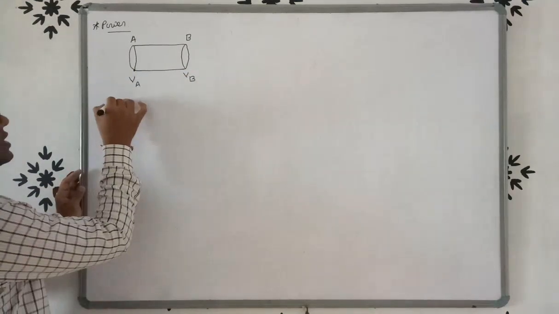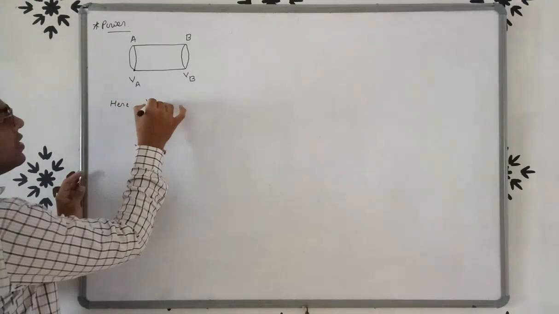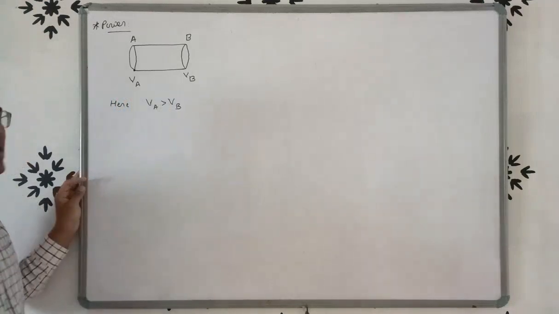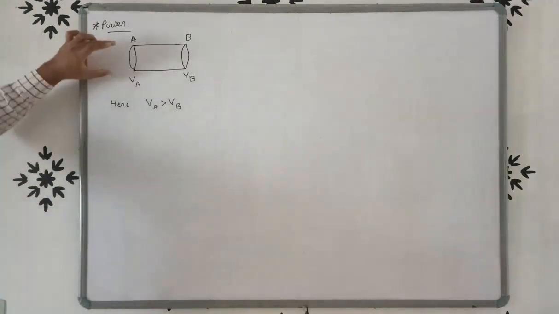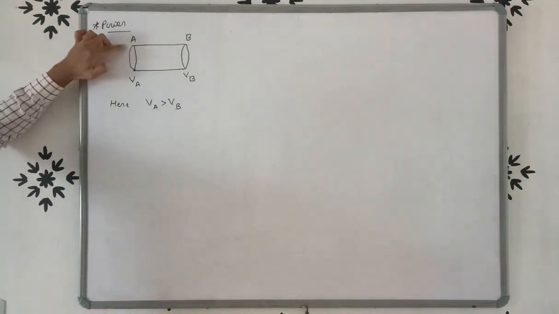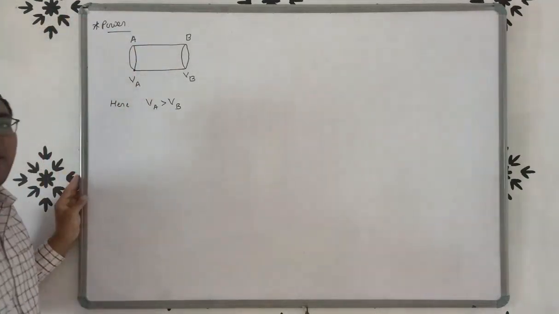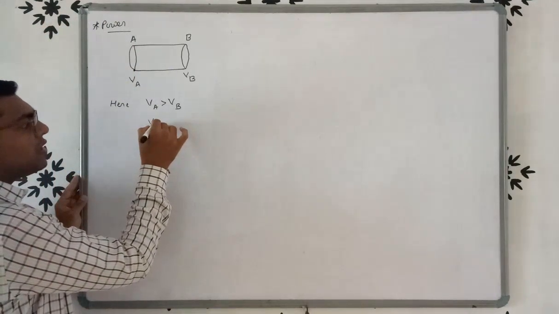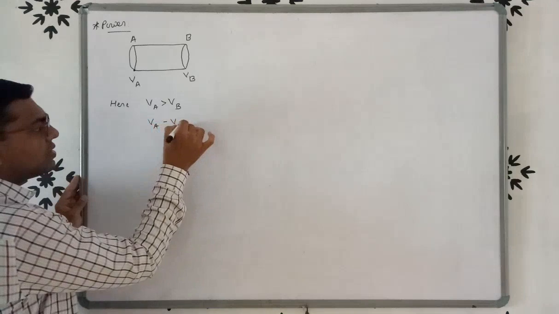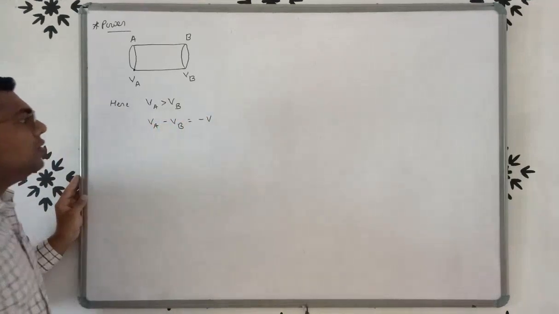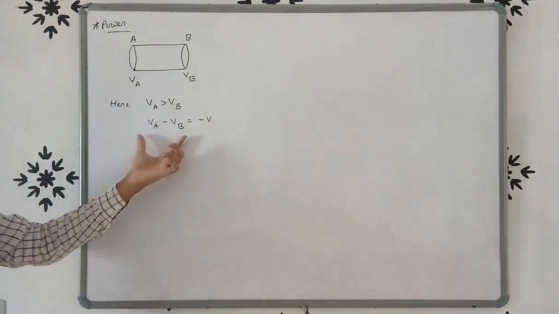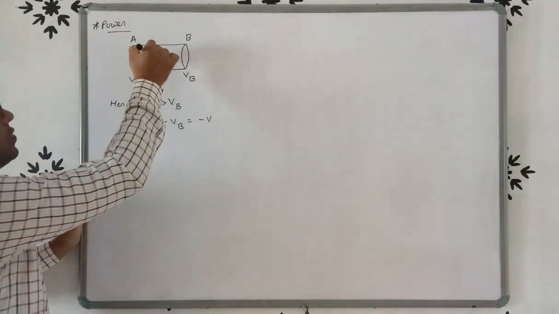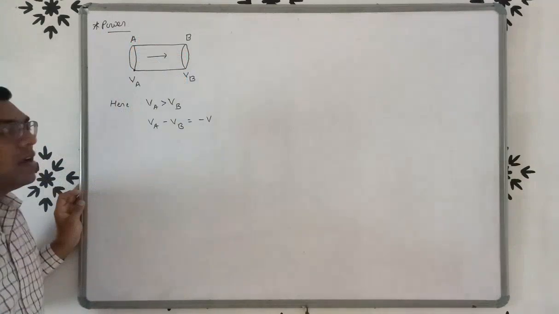And we consider that VA is greater than VB, so the potential at point A is greater than the potential at point B, and the change in potential VA minus VB is equal to minus V. Here we consider this, right? So current flows in this conductor.